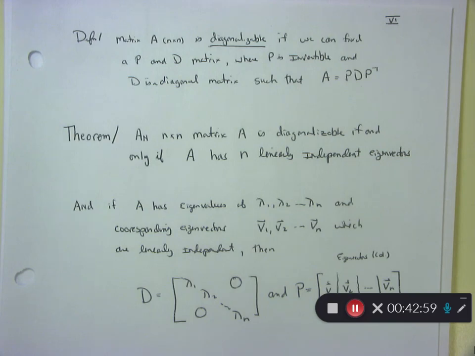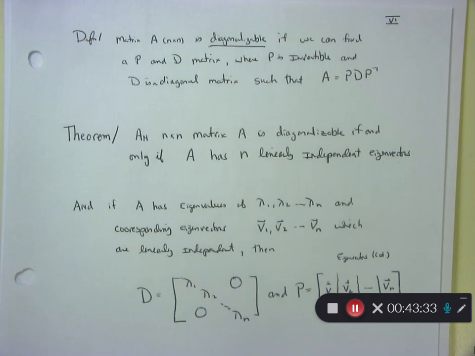Just, again, terminology here. Theorem. If an n by n matrix A, which means I'm telling you A's got to be square, is diagonalizable if and only if A has, here it is, n linearly independent eigenvectors. So here's one way to figure out if you're going to have a diagonalizable matrix, that is, A being similar to a diagonal matrix.